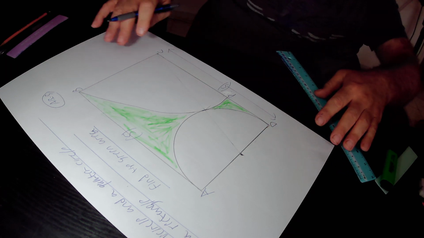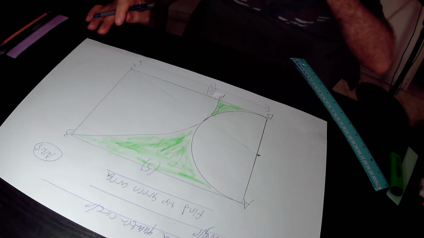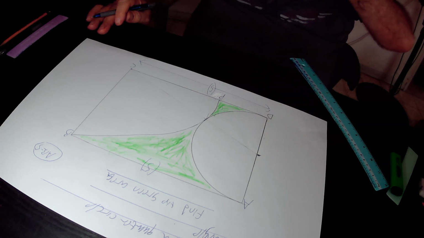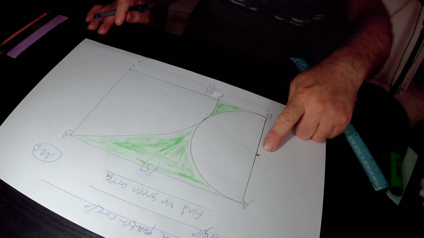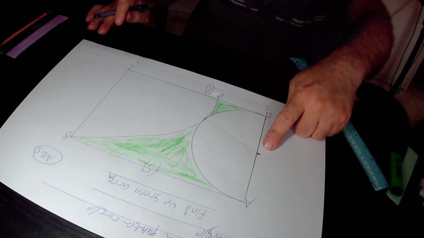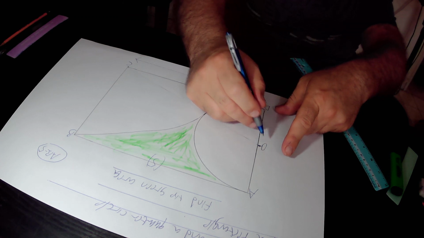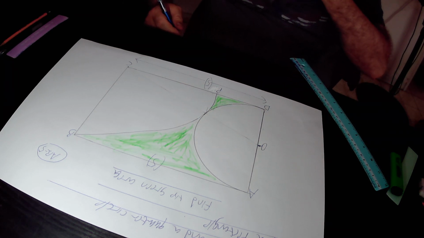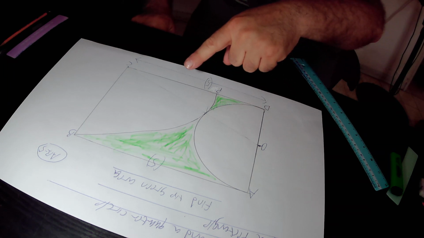We define the center of this semicircle, this point is point O. We'll define the touching point of this semicircle with this quarter circle.